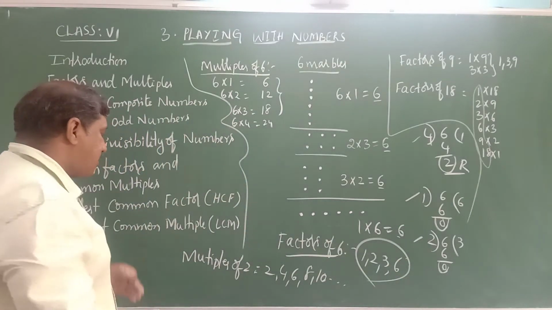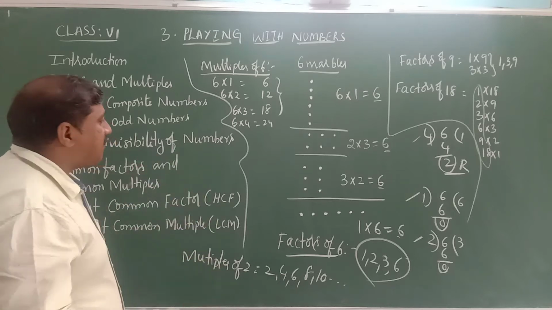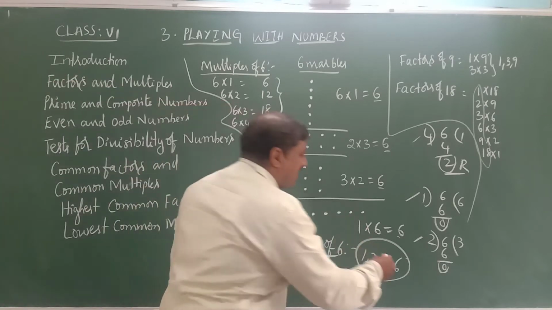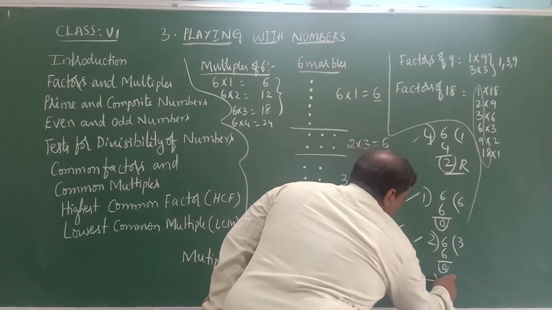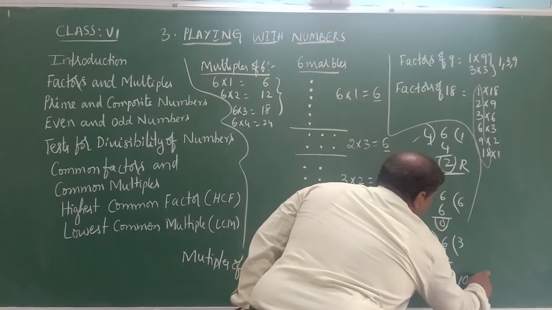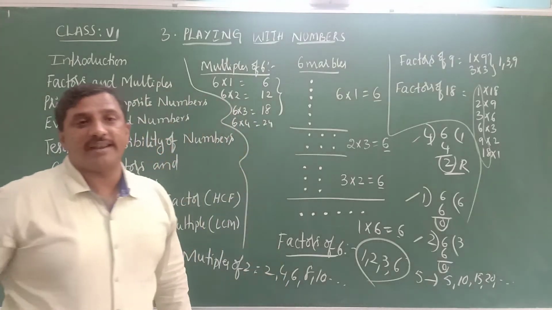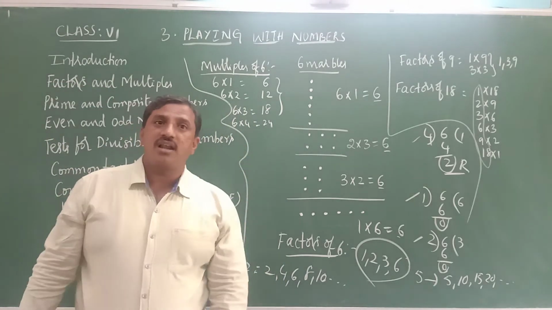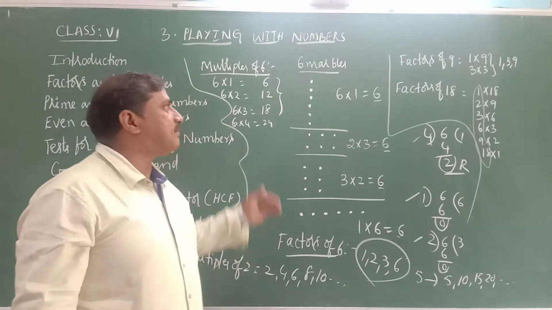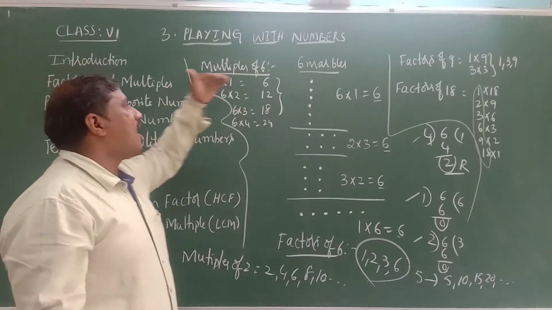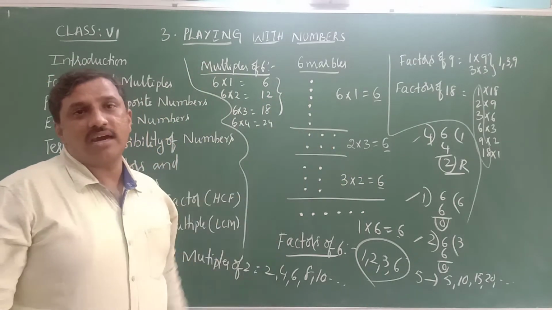Similarly, take multiples of any other number. Multiples of 5 are 5, 10, 15, 20 and so on. Is it clear, children? Now I will write the points related to factors and multiples. Clear?